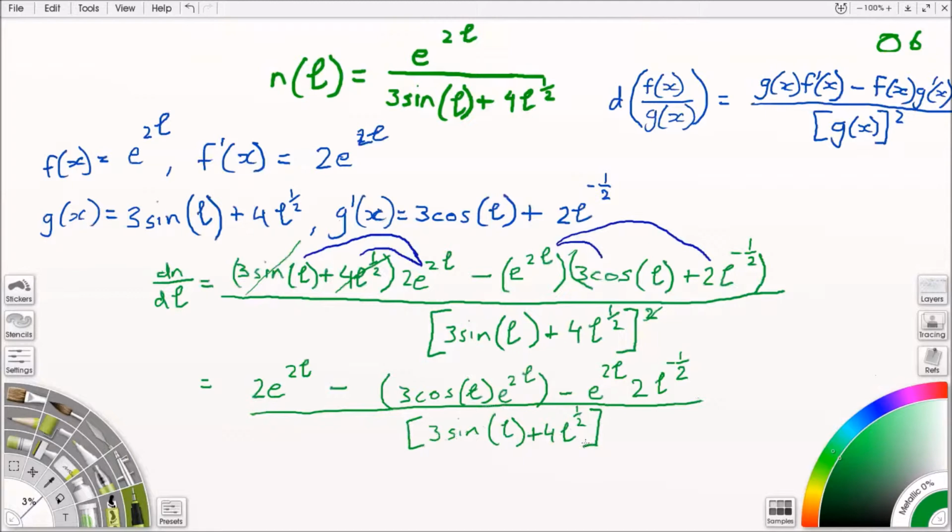Yes. Okay. Now, can we simplify this any further? What's running through my head right now is, are there any common terms that I could highlight? So we have 2.